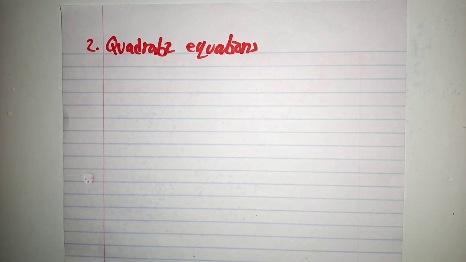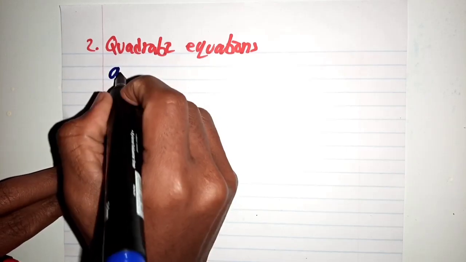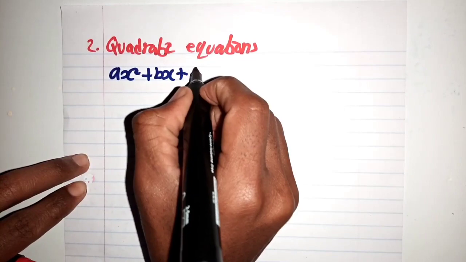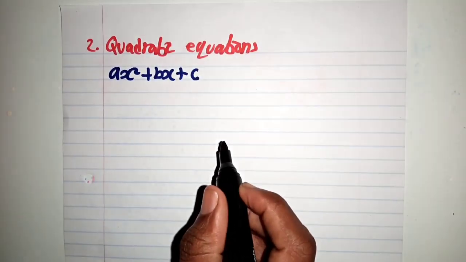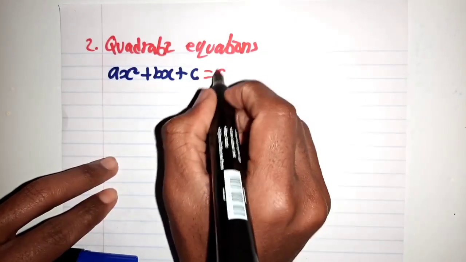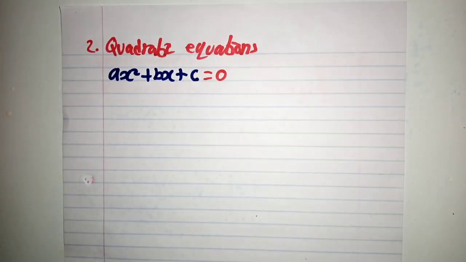Now, we have seen that a quadratic expression is written as ax squared plus bx plus c. But when we add is equals to 0, this now becomes a quadratic equation.